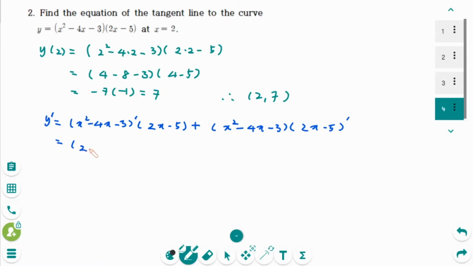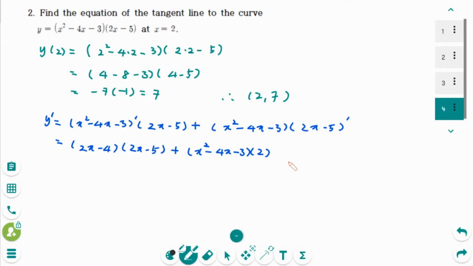So (2x − 4)(2x − 5) + (x² − 4x − 3)(2). You can put 2 in for x after you have completely simplified, but you don't have to.